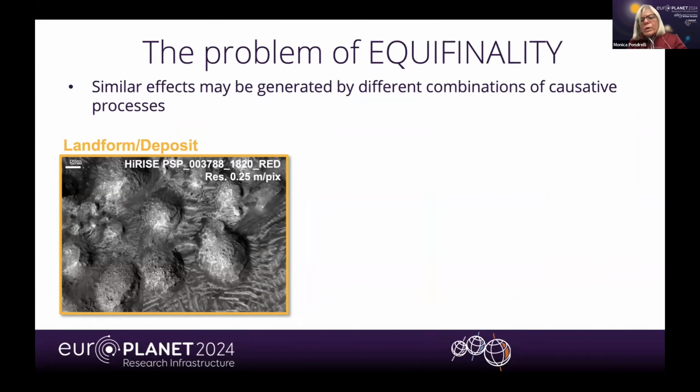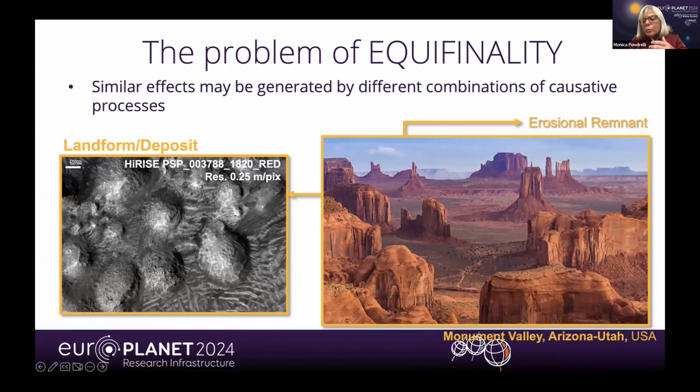Then we have the problem of equifinality. Equifinality means that similar effects may be generated by different combinations of causative processes. And this is always very, very important in geology. Same mounds as before. They might be formed as erosional remnants, so they might not be a depositional feature, but an erosional feature.